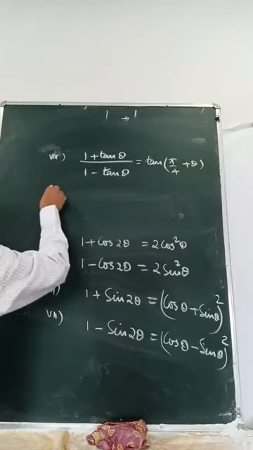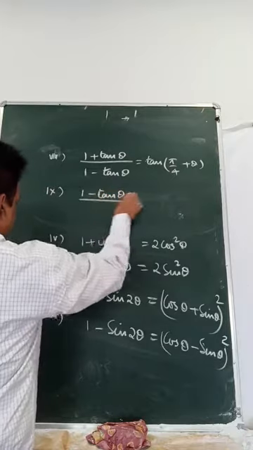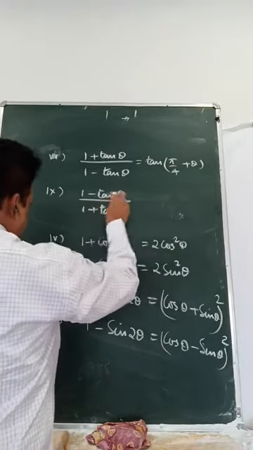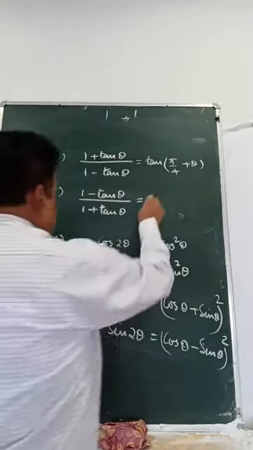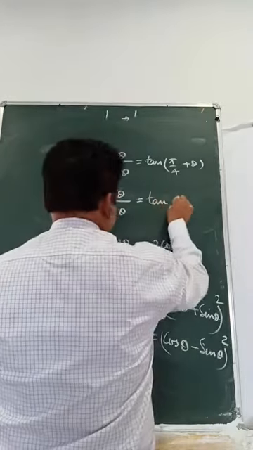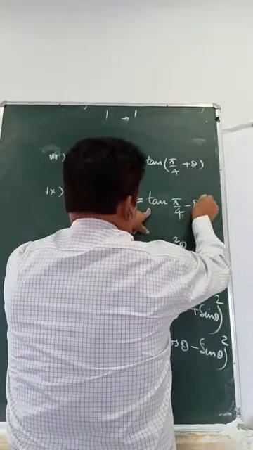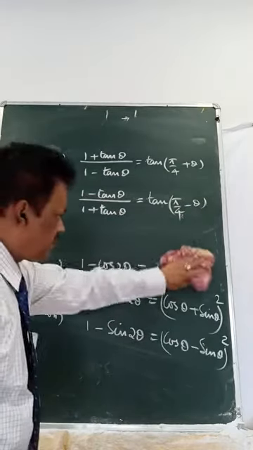Similarly, 1 minus tan theta by 1 plus tan theta is tan of pi by 4 minus theta.